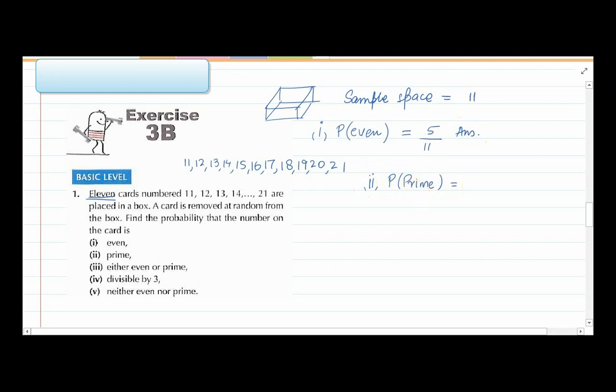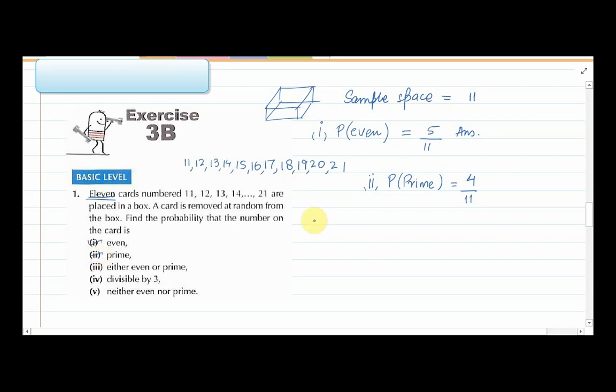For example, among the prime numbers we have 11, which cannot be divided by any other number except 11 and 1. 13 is also a prime number, 17 and 19. So you got 1, 2, 3 and 4. 4 prime numbers we have. So the possibility is 4 over 11, right?